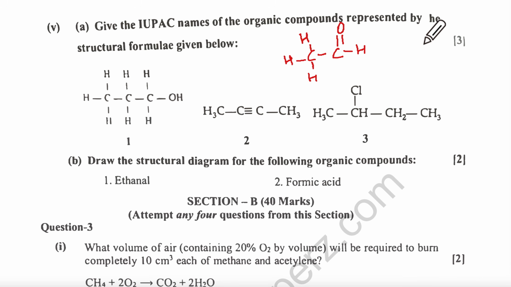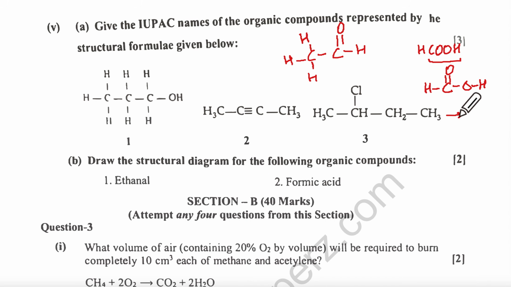Formic acid is HCOOH. So H single bond C. Now remember the structure: COOH means C double bond O single bond OH. This is your COOH. And you have to write the name of it.